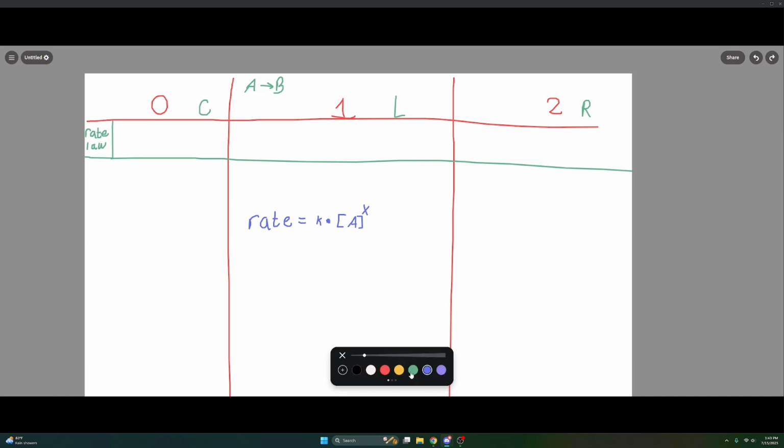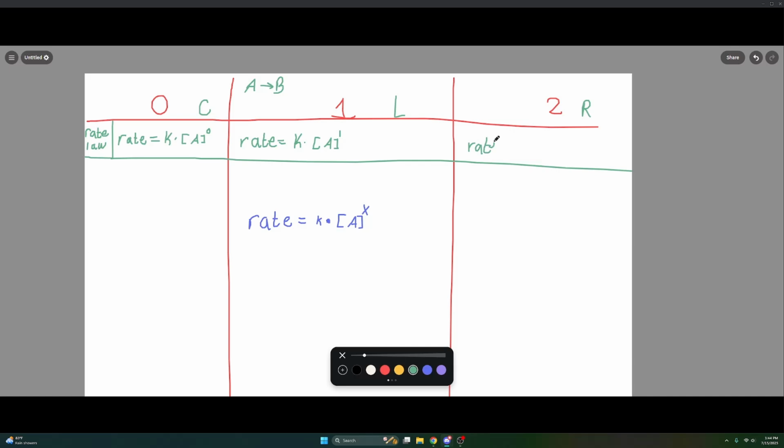So for example, now in my chart, if I assume that A was 0 order, my rate law would be rate equals k times A to the 0 power. My first order rate law would be that rate equals k times A to the first power.